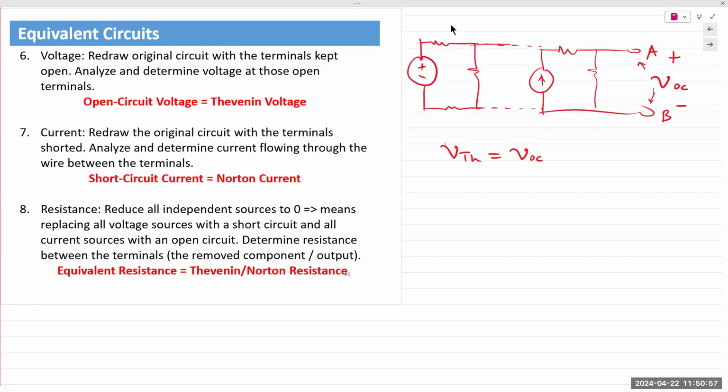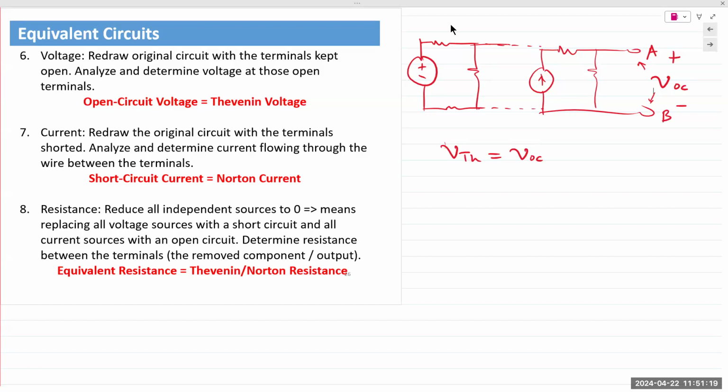So the question being asked is, are the terminals where we remove the component? And the answer is yes. If the question states, find it as seen by the component, then we remove the component. If it says, analyze between the terminals, then we simply analyze between the terminals. Then we do not need to remove anything. Let me be clear about that.